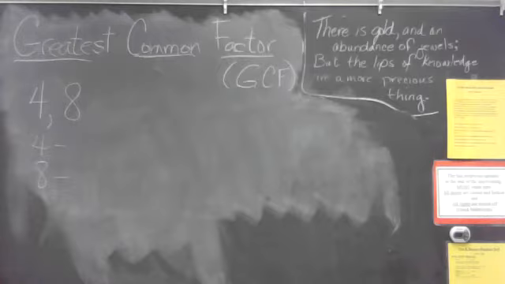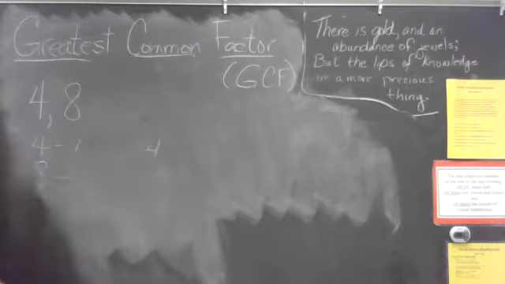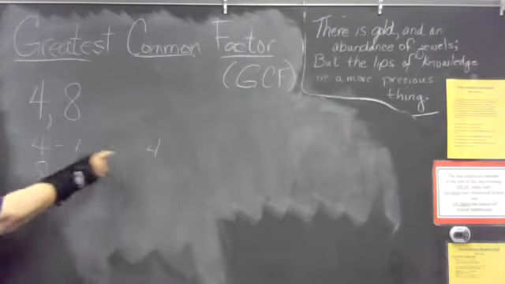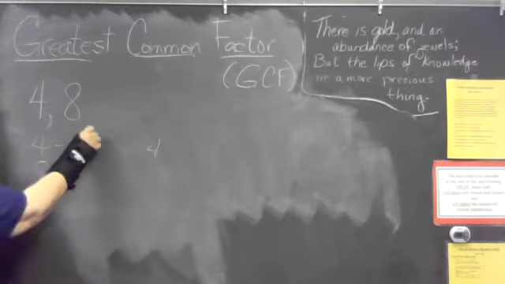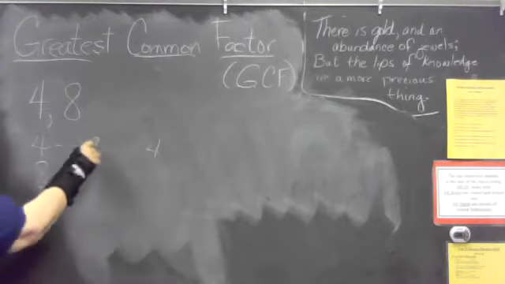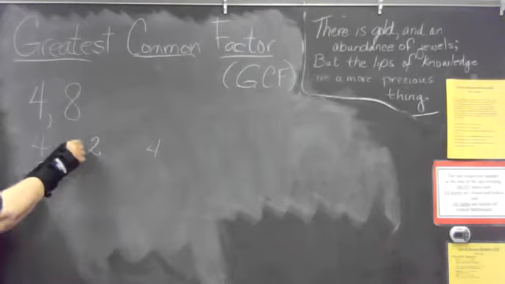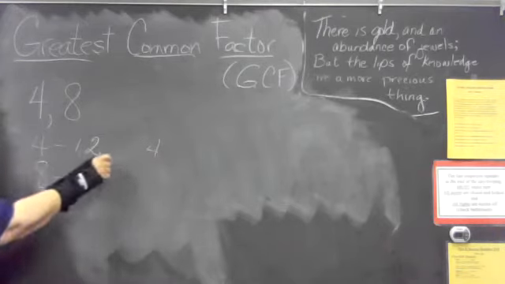Now, the easiest way to do this is I say, okay, what times what gives me this? So I'm going to say 1 times 4, right? 1 times 4 gives me this. And then does 2 go into it? Yes, 2 times 2. So in this case, 1, 2, and 4 are the factors for 4.